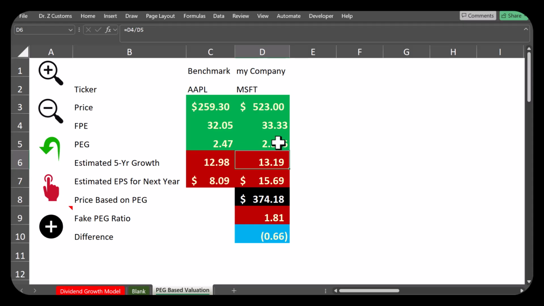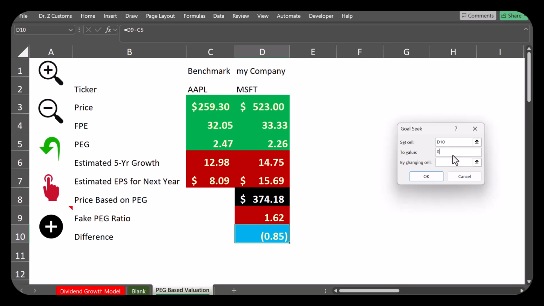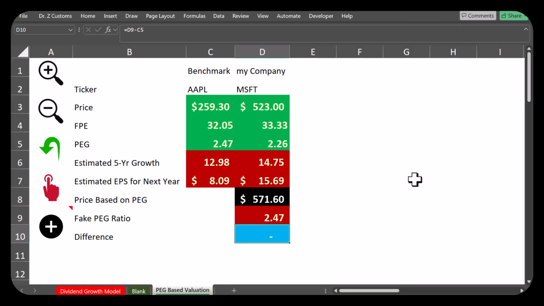By changing this price. So if Apple is properly valued, then the price for Microsoft that makes their PEG ratio the same is 571 instead of 523.